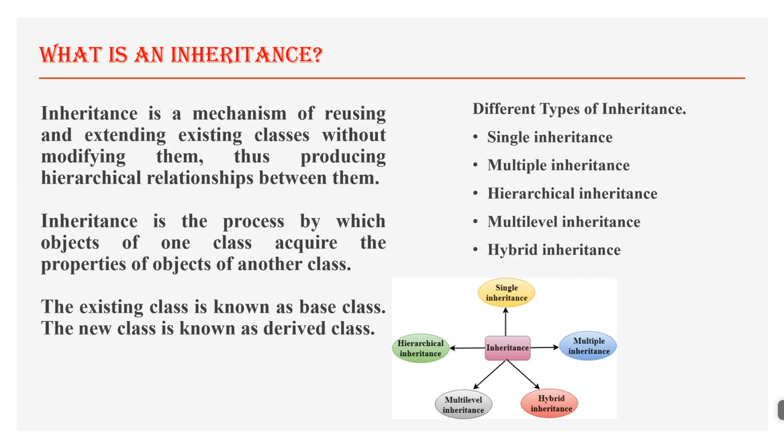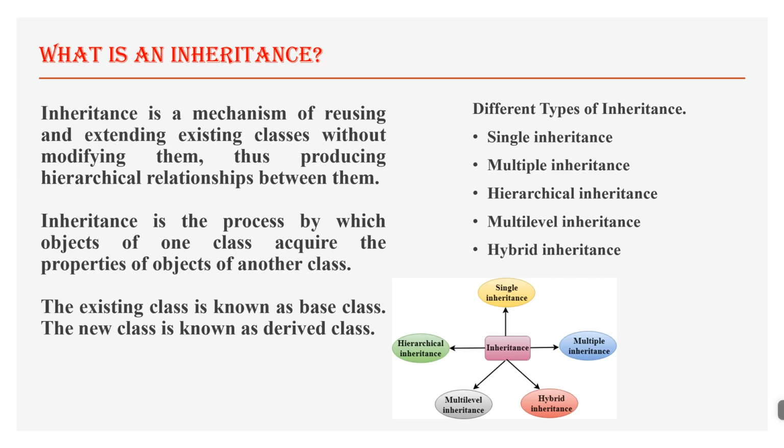Now we have got different types of inheritances. One among them is the most simple inheritance, that is called single inheritance. And we have one more, called multiple inheritance. And one more, called hierarchical inheritance. Then we have multi-level inheritance.